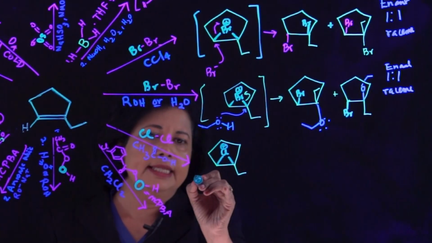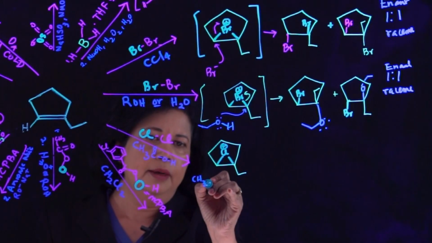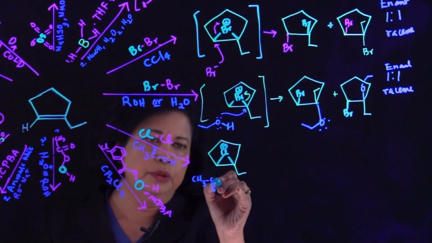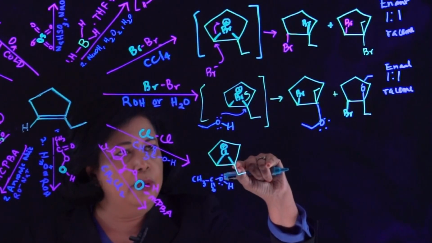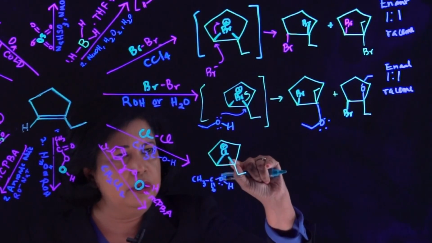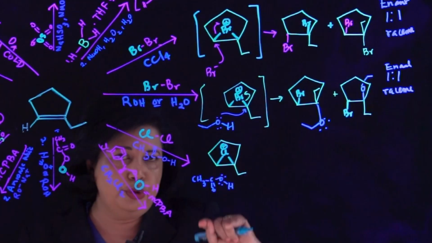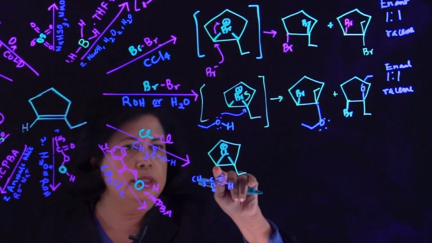Now acetic acid is protic, and protic solvents are going to be ionizing, and therefore your bond is going to sever here to have a tertiary carbocation more than a secondary.